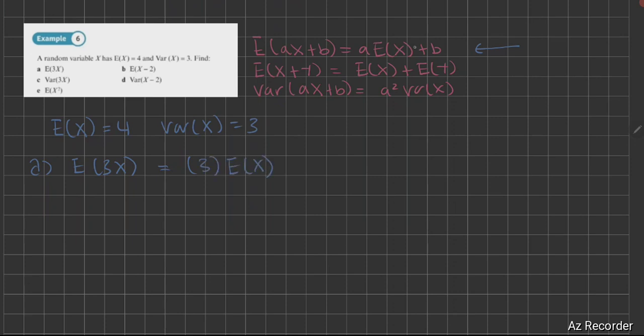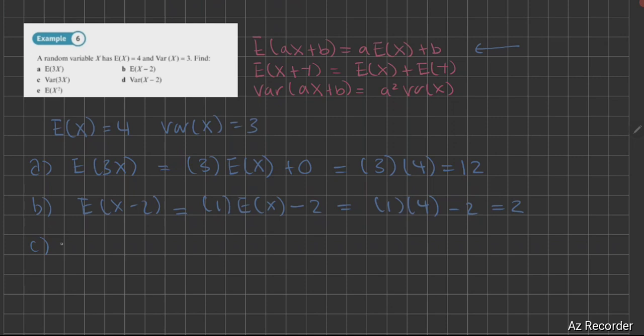If you notice there's no add b on this question, so b will be 0, equals 3 E of x, which we've been given as 4, so this is equal to 12. For b, E of x minus 2 is equal to, we notice a here is 1 E of x, and b is minus 2, equals 4 minus 2, which is 2.